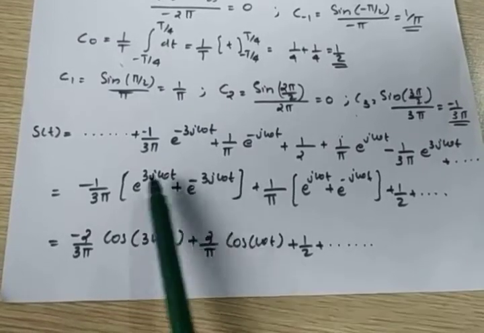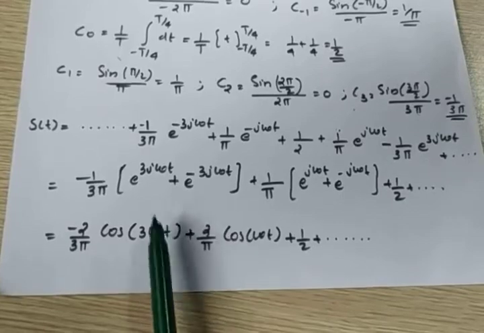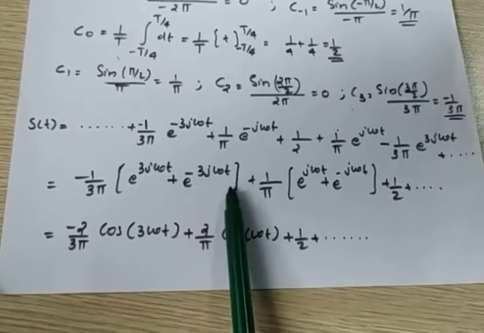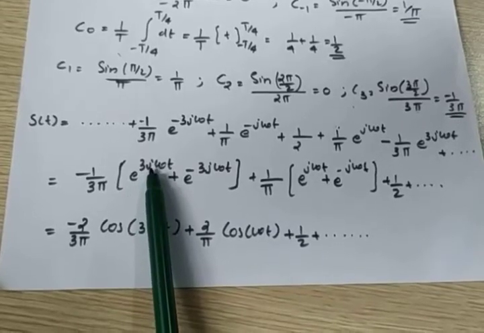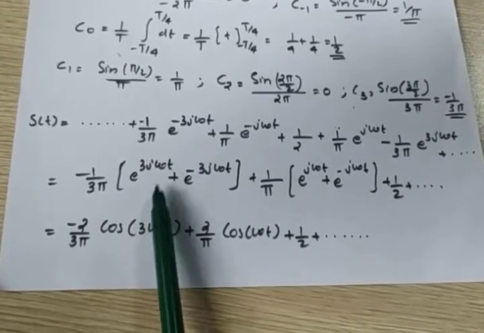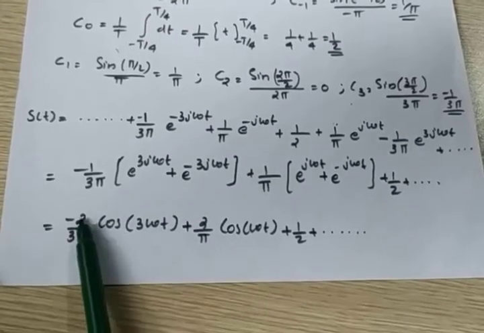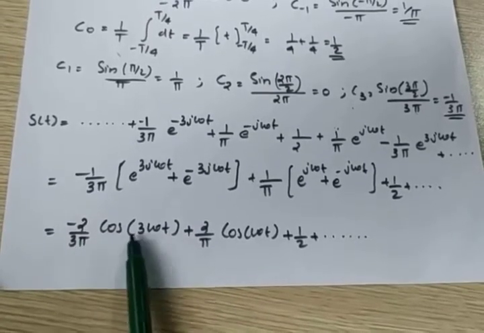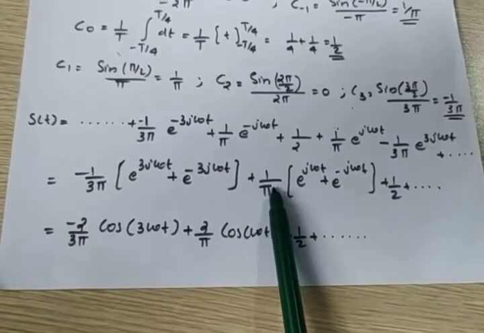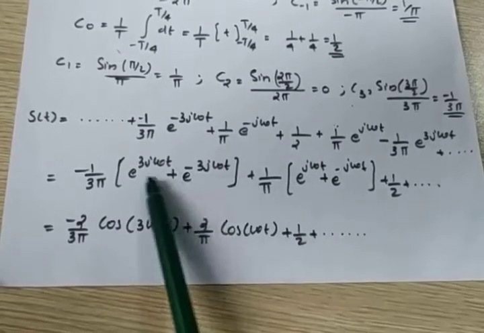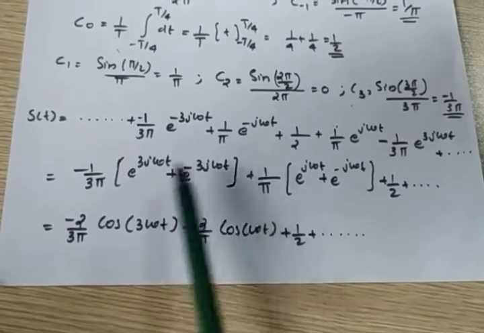So this you can write as cos omega t. You know cos theta is e raised to j theta plus e raised to minus j theta, divided by 2. So here instead of theta we put 3 omega t. So minus 2 by 3 pi cos 3 omega t plus, here also e raised to j theta plus e raised to minus j theta by 2.